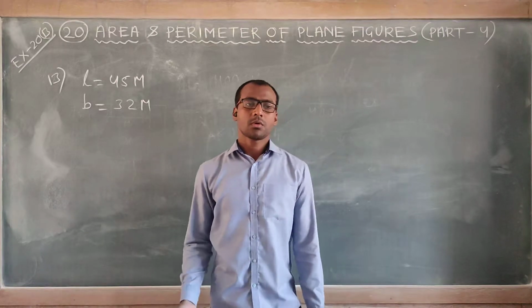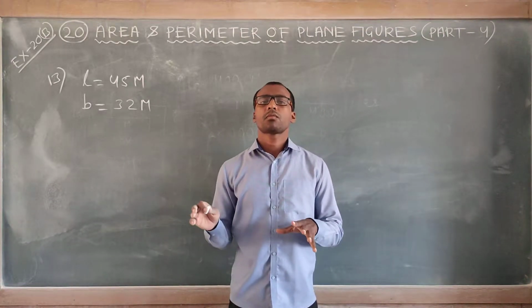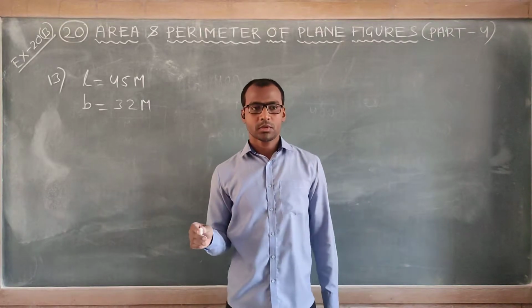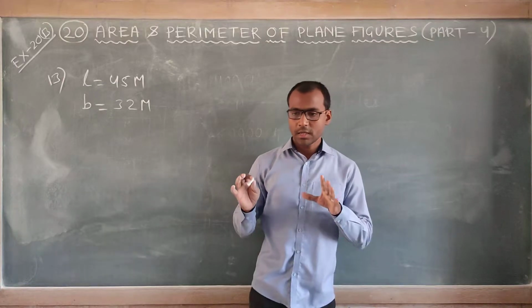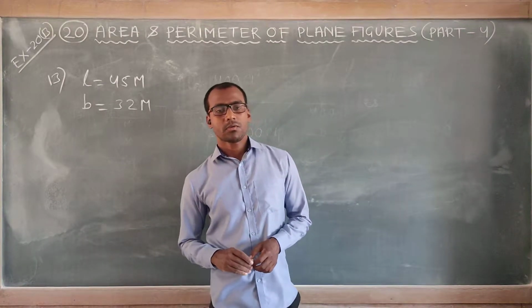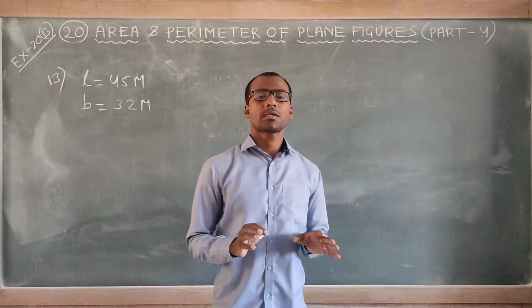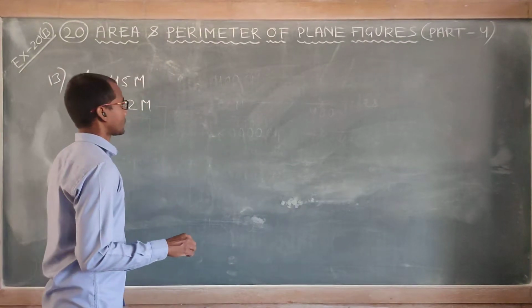That you can do. Okay, so imagine a scenario. You have covered the floor of a room with the help of a carpet. Okay, by cutting it into different pieces. So can I say area of the floor is equal to total area of the carpet? Okay, we can say area of the floor is equal to the total area of the carpet. Okay, so use this formula.